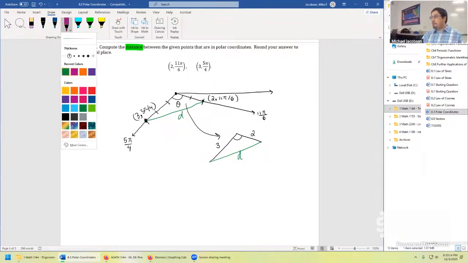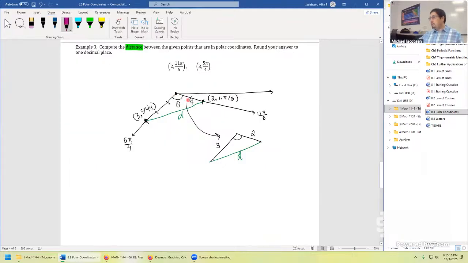And here's one way to think about it. When we rotate to this ray, 11 pi over 6, here's what the rotation looks like. We have theta is 11 pi over 6. But if we are only going from here to here, that means we have to subtract off another rotation. That'd be the 5 pi over 4. So we'll go subtract.